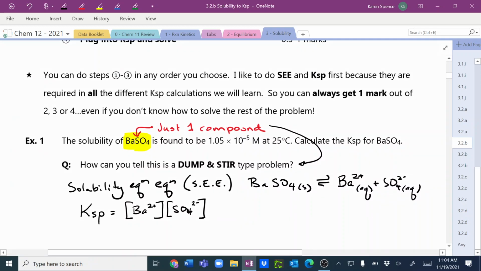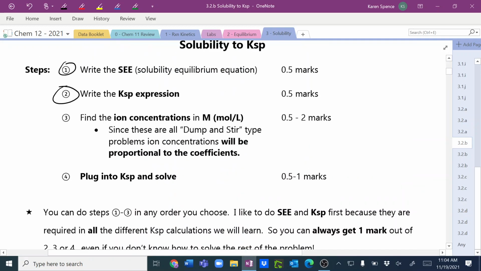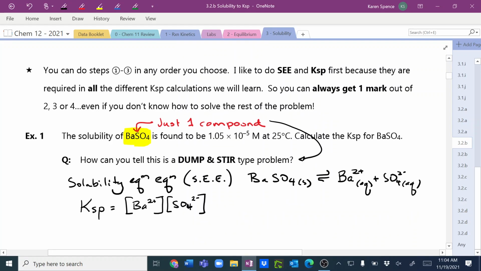Now the third thing you want to do is to find the ion concentrations in molar. Now if you did 3.2a, you were already working on finding ion concentrations, yes? So if we know that the concentration of barium sulfate is 1.05 times 10 to the minus 5 molar, then what is the concentration of barium?